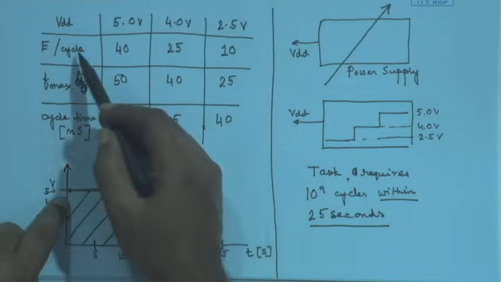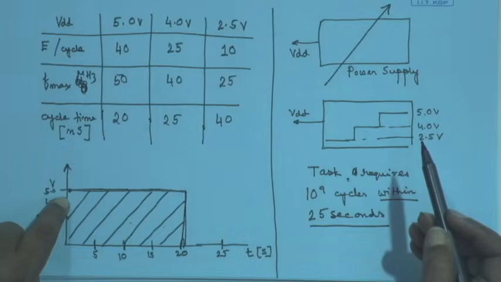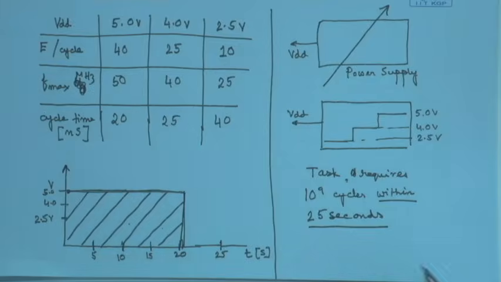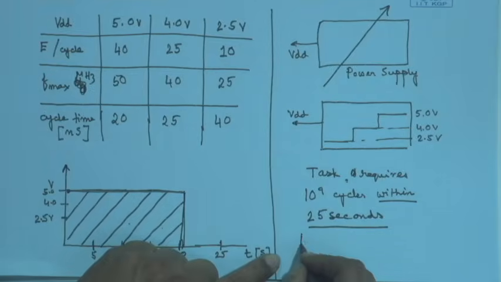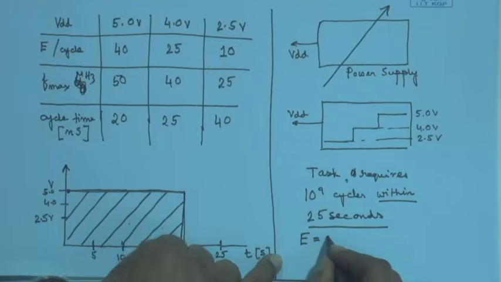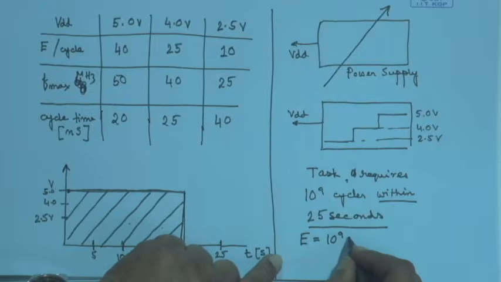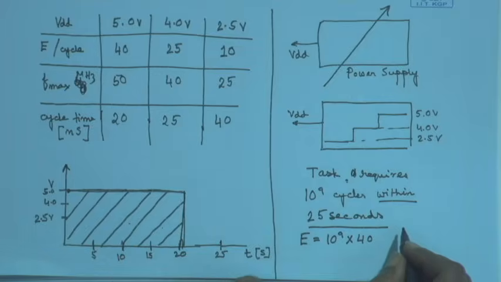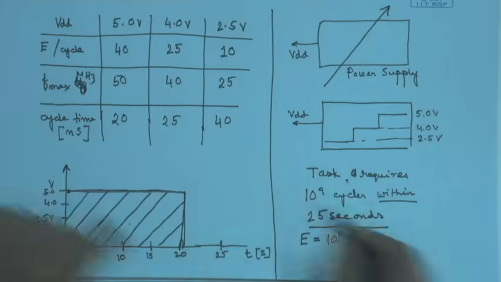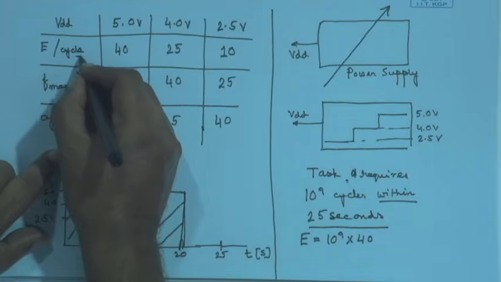Okay, 40 per cycle, and I took 10 to the power 9 cycles. So, my energy consumption will be 10 to the power 9 cycles, every time it is 40 nanojoule, right. Energy was in nanojoule, I did not write that.